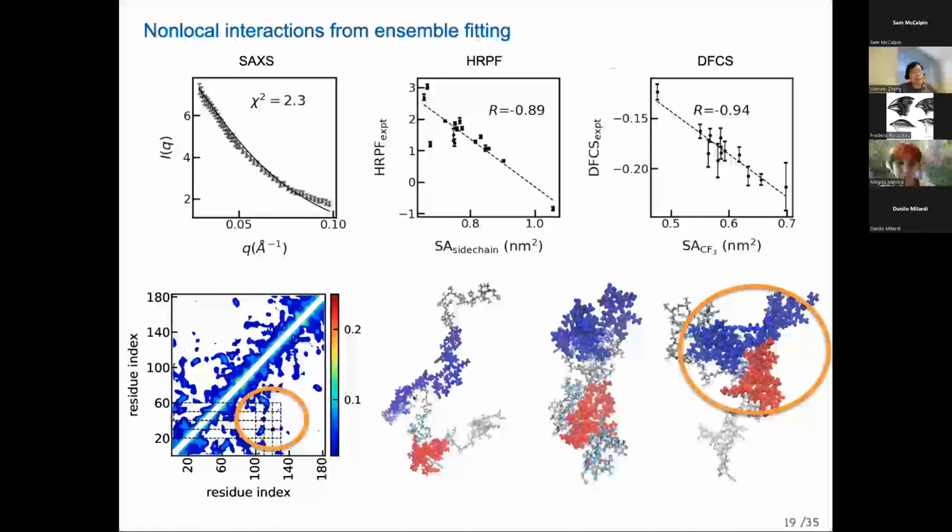And on the right side in the bottom, I picked the top 3 configurations with the highest weight, but these are just representative conformations because we know that there are more than 1,000 conformations contributing to that ensemble with the flexibility.